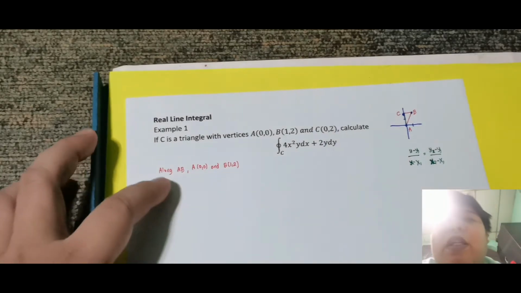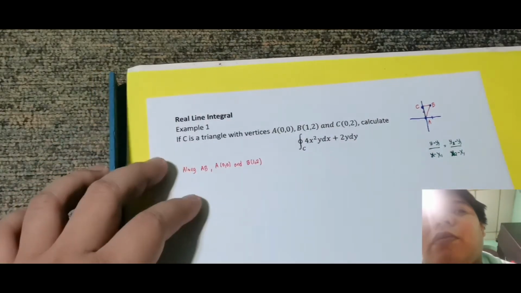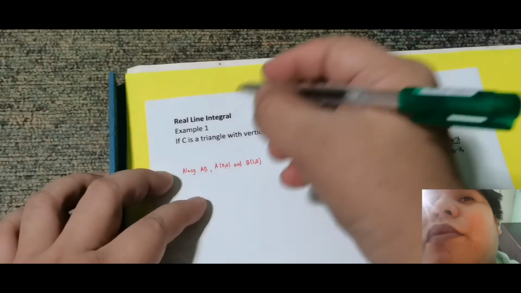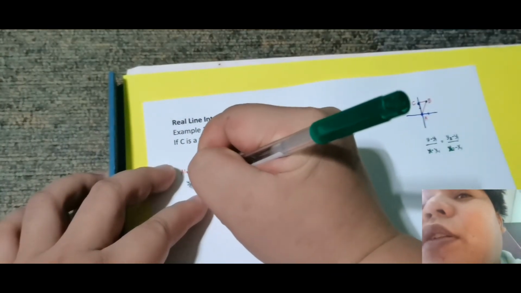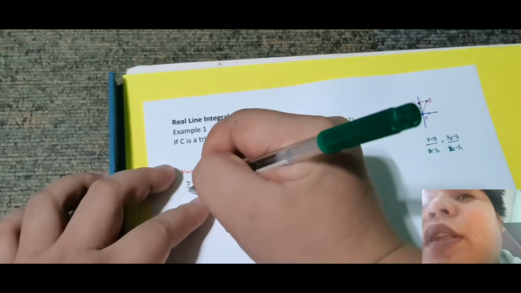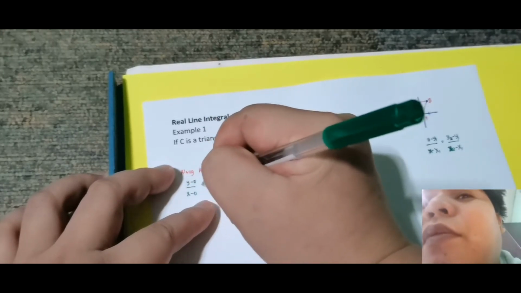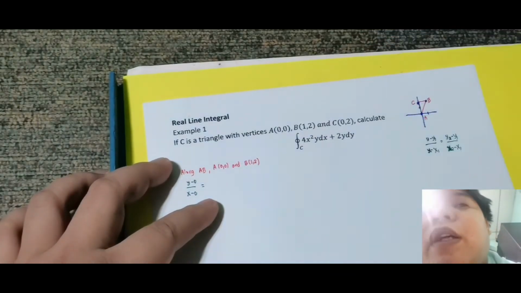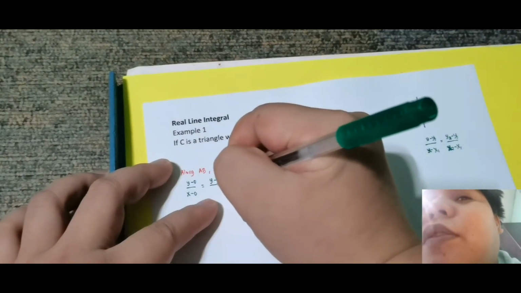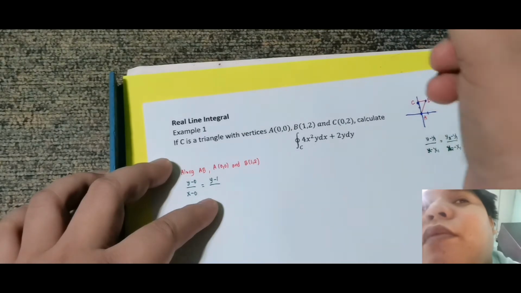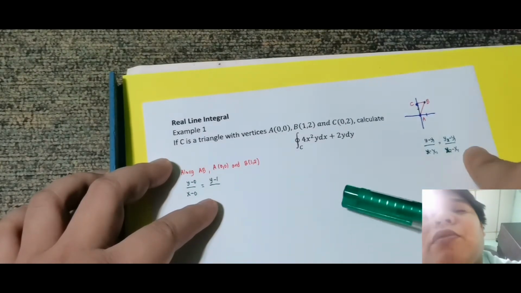Gamit yung formula, that is (y minus 0) over (x minus 0) is equal to (y sub 2 minus y sub 1) over (x sub 2 minus x sub 1).